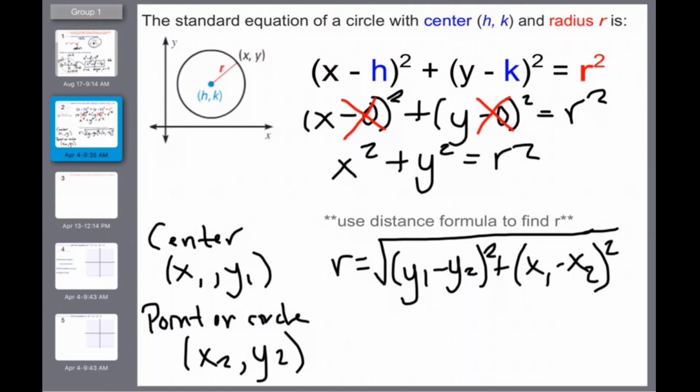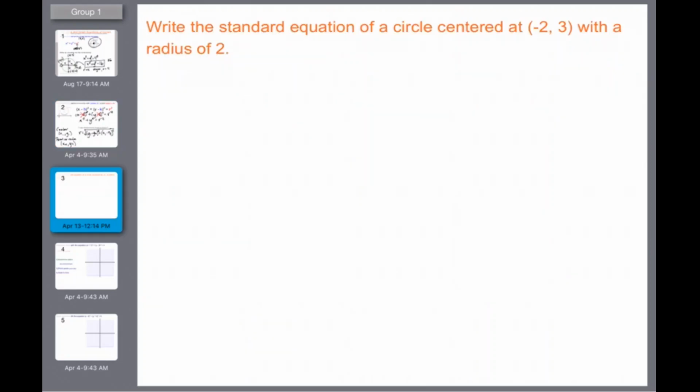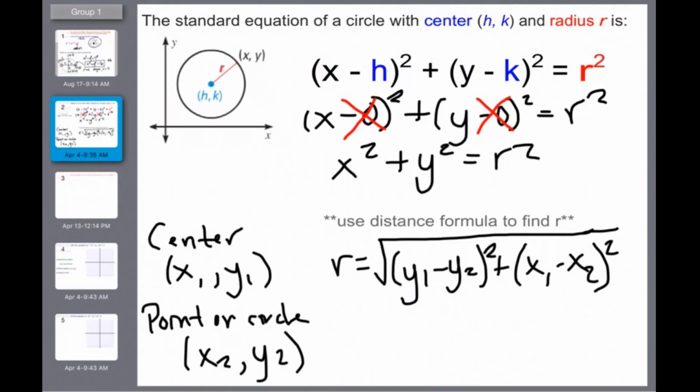All right, so let's take a look at writing an equation given some information. Here, for example, we want to write the standard equation of a circle centered at -2, 3 with a radius of 2. Let's write down our important information in terms of our variables. In our equation, we have 3 different variables: h, k, and r.